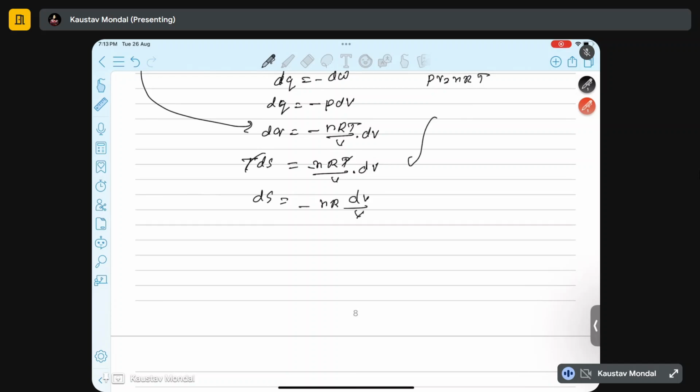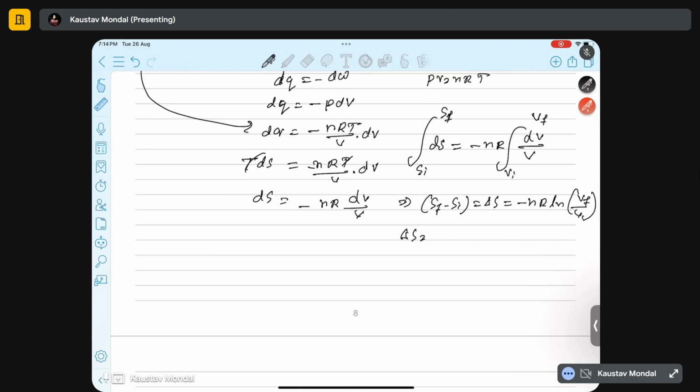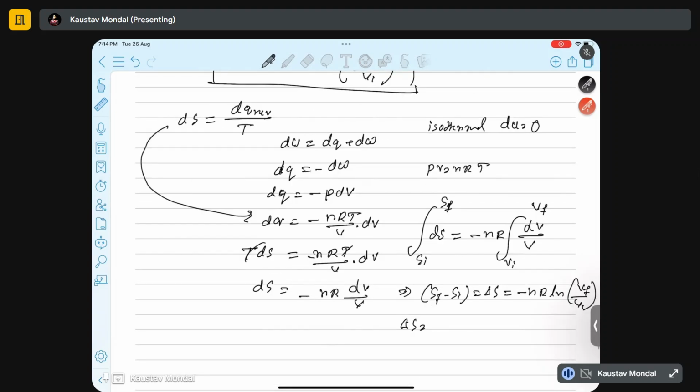Now if you do the integration on both sides, dS from S initial to S final would be equal to minus nR, the integration going from V initial to V final on the volume expression. Then delta S would be equal to minus nR ln of Vf by Vi, right? Okay, so there is a minus sign there.